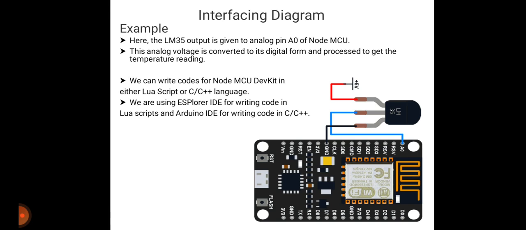Then we can write code for the Node MCU dev kit, development kit, in either Lua script, C language or C++ language. So if you want to write a program for the temperature sensor with Node MCU, you can write the program in these three languages: Lua script, C language and C++.